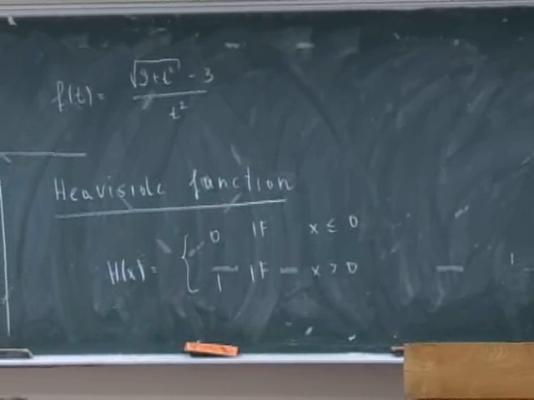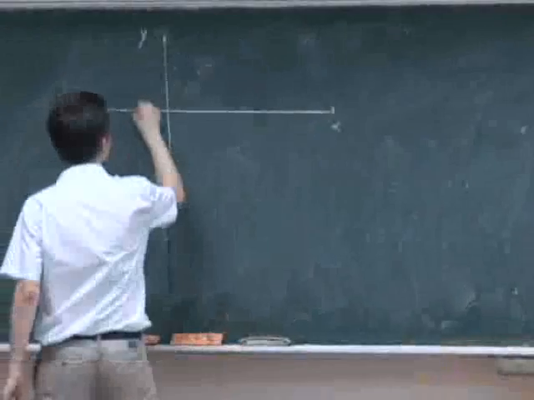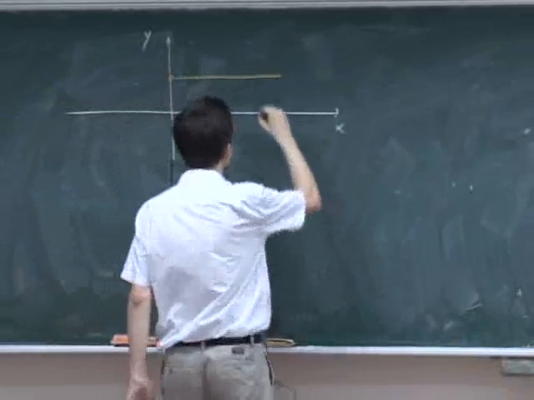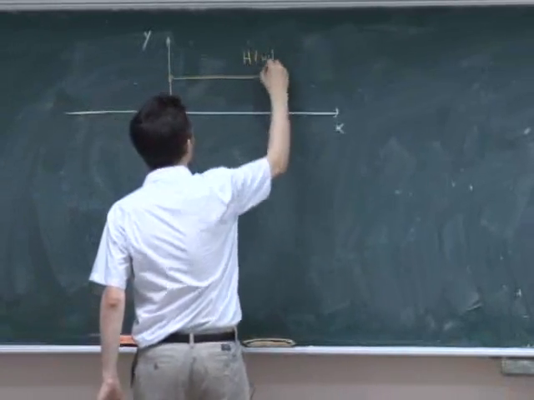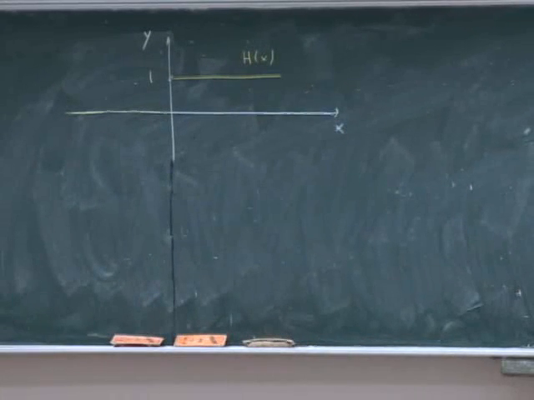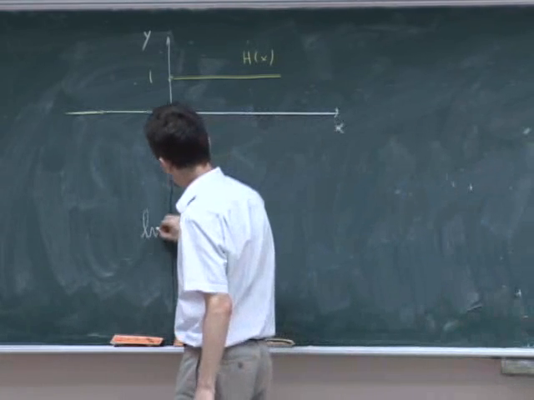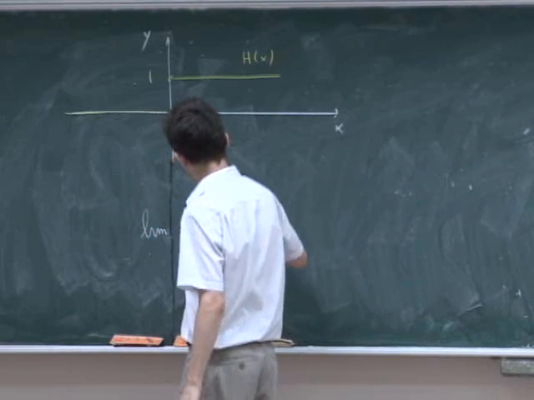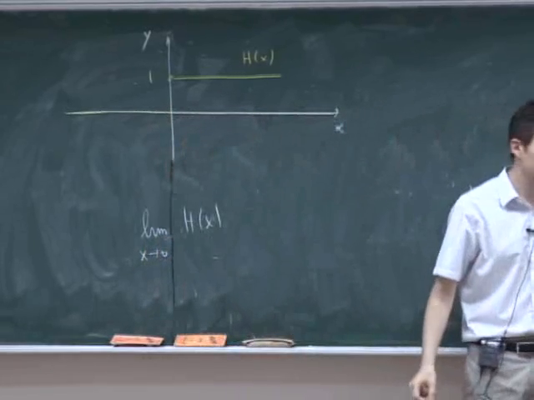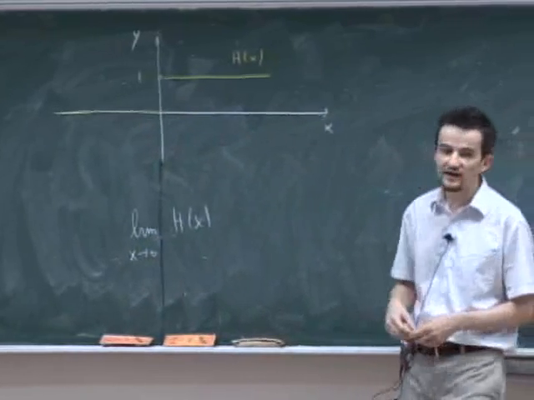Now, in this case, of course, we can easily plot the graph. So this is the function, where this is 1 here. And now if we try to figure out whether the limit of h of x as x approaches 0 exists or not, we see already some basic idea.